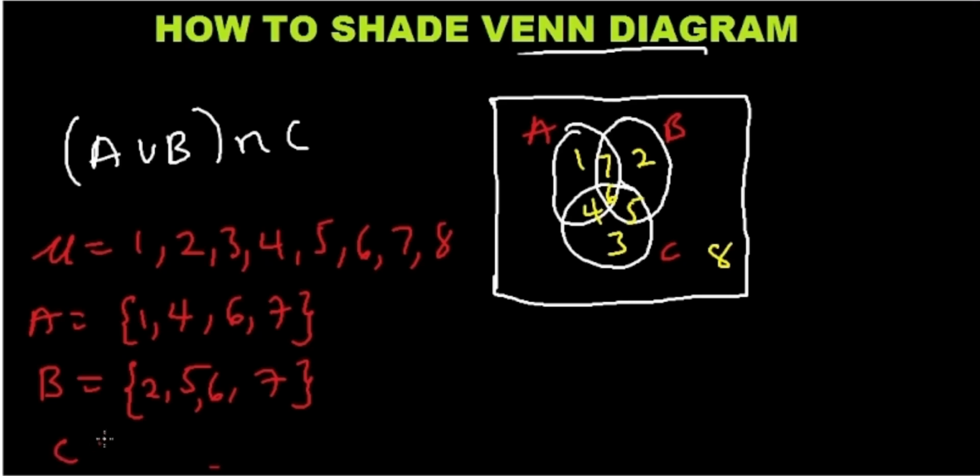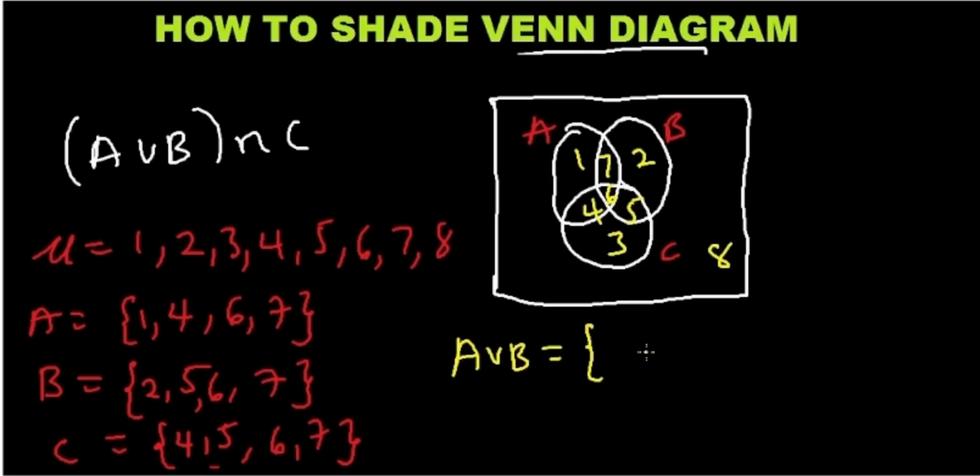Then my C here is actually 4, 5, 6, 7. So my A union B, in this case, will be 1, 2, 4, 5, 6, and 7. I just picked the numbers here.